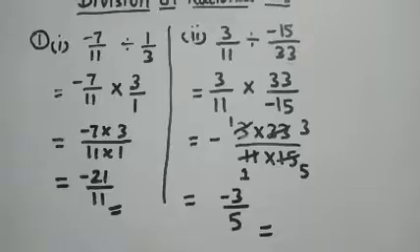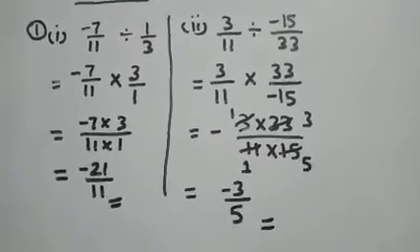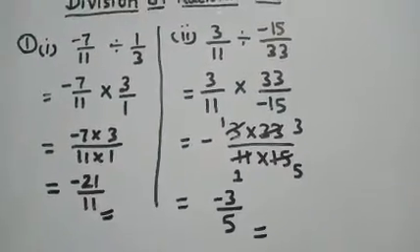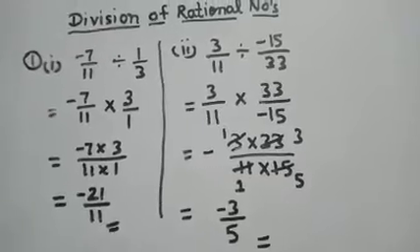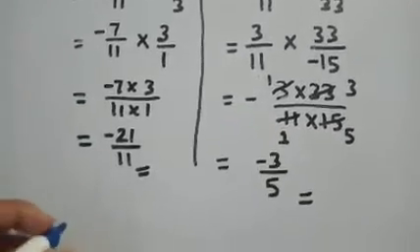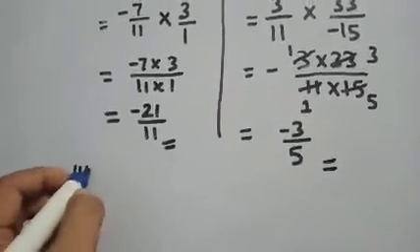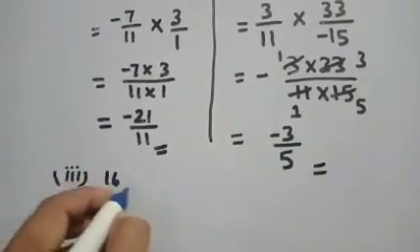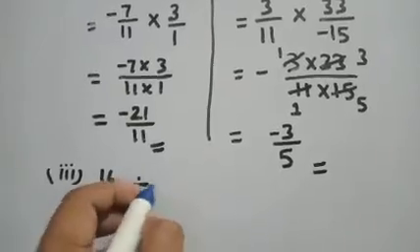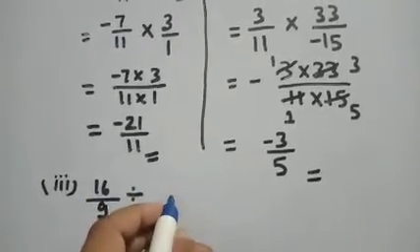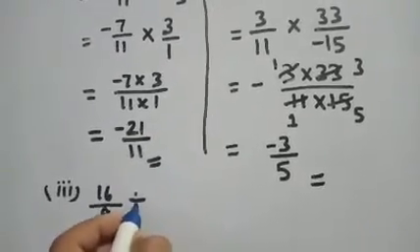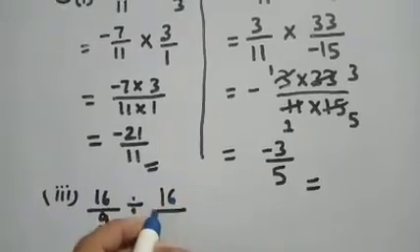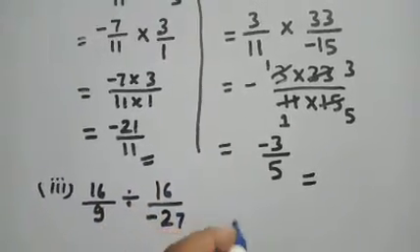The remaining part of this question is the third one. 16 upon 9 is divided by 16 upon minus 27.